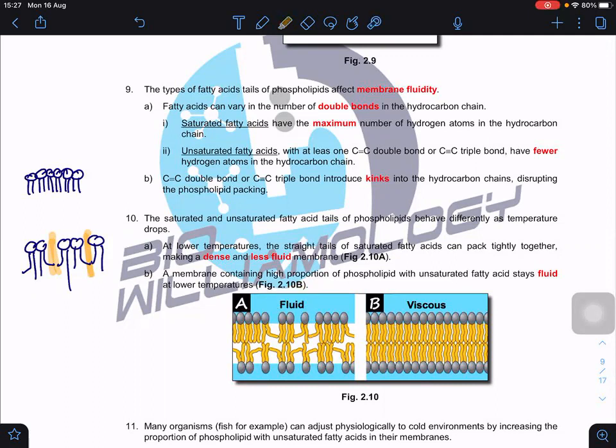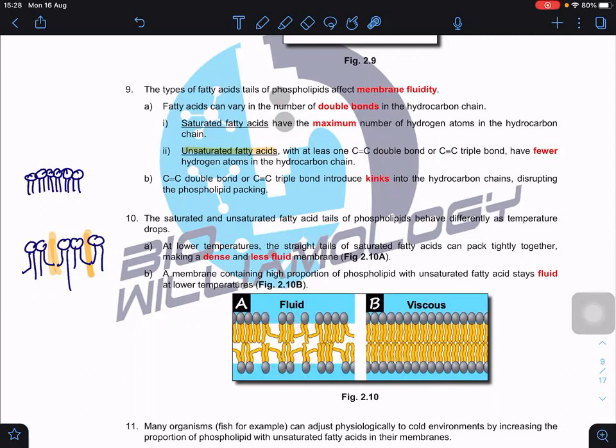So always remember, unsaturated fatty acids, because they have these carbon-carbon double bonds or triple bonds, have fewer hydrogen atoms compared to the saturated ones, and they introduce a kink into the hydrocarbon chain, which will disrupt the packing. Are you clear? It disrupts the packing, so you will be able to see them vibrate well, then diffusion can take place at a higher rate. It allows diffusion to take place.